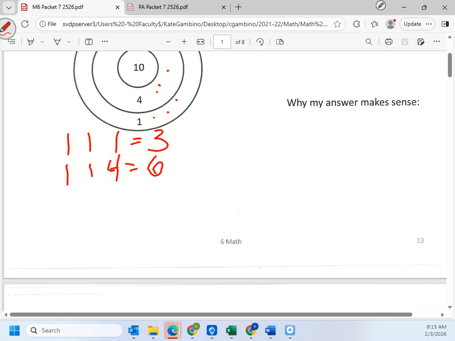No, because it has to be different point totals. So I can only count a 3 1 time. If there was another way that I could have gotten to that 3, I can't count it again. I have to cross it off. So find all the different possible combinations there are with those scores. If you throw 3 darts, write them out.